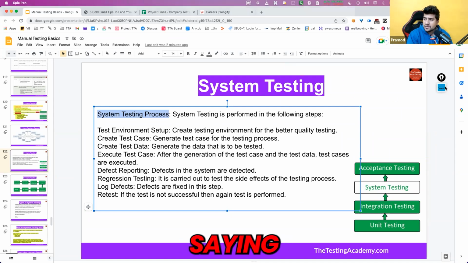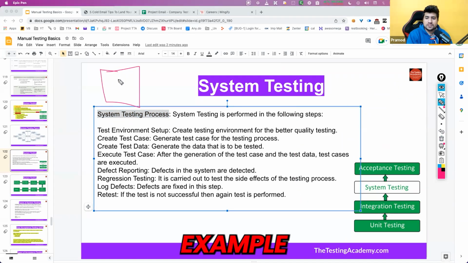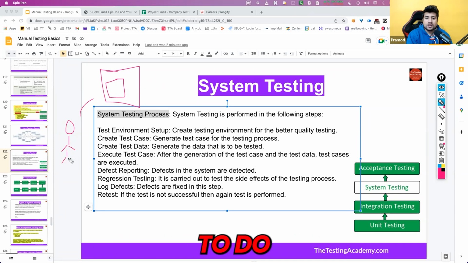So basically what I'm saying is, suppose they have a build here, working on their machine. You cannot test it on their machine, right? As a QA, you will tell them, okay, please host this onto the staging environment. So this is my staging environment. Please host it here.